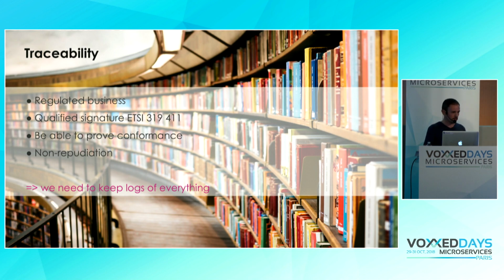If there is a litigation and the judge asks for proof, we need to be able to give him that proof. So we need to keep the logs of everything that goes through our platform in a non-repeatable way. Non-repeatable means that we must prove that it has not been altered.